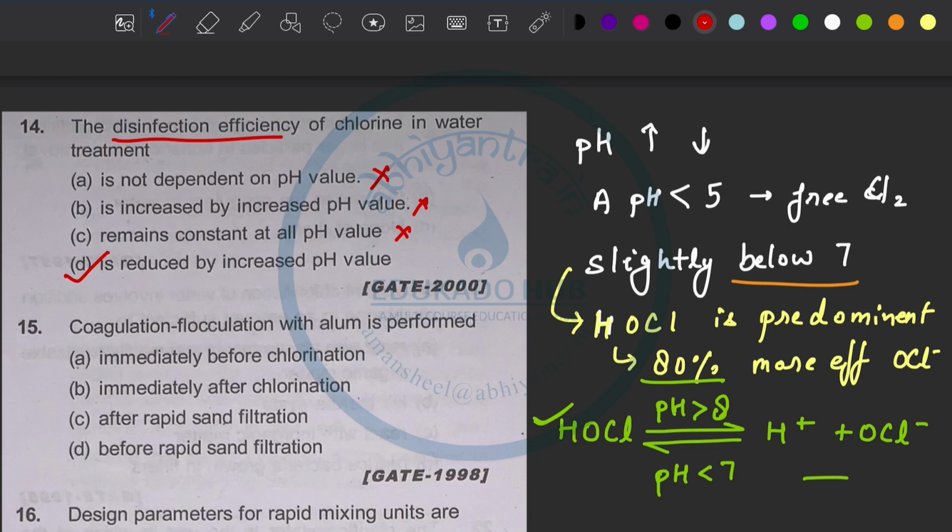Now, coagulation flocculation with alum is performed. They are asking the schedule of performing coagulation and flocculation, before or after which process. So the options are: immediately before chlorination, immediately after chlorination, after rapid sand filtration, and before rapid sand filtration.